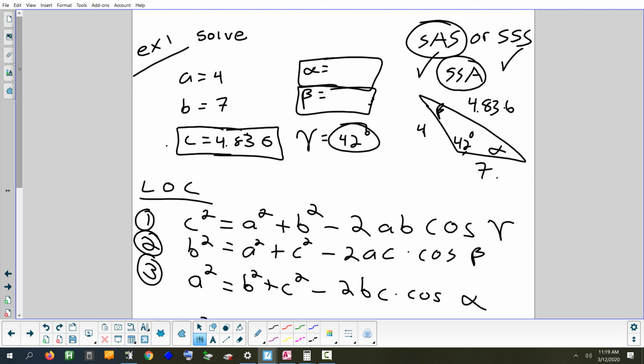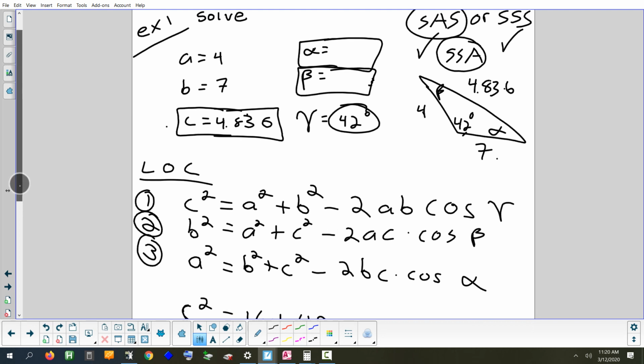But the problem with side, side, angle is we have to deal with the two solution, no solution, one solution. So we want to stay away from side, side, angle, so we don't have to deal with all that stuff we did yesterday. So if you start a problem with law of cosines, finish it that way. I'm not saying you couldn't use law of sines here if you were very careful. You could. But there's less things to mess up if you just do law of cosines one more time. Okay?